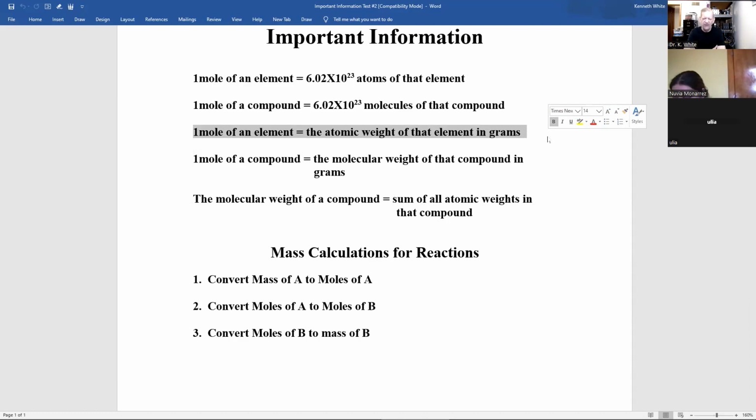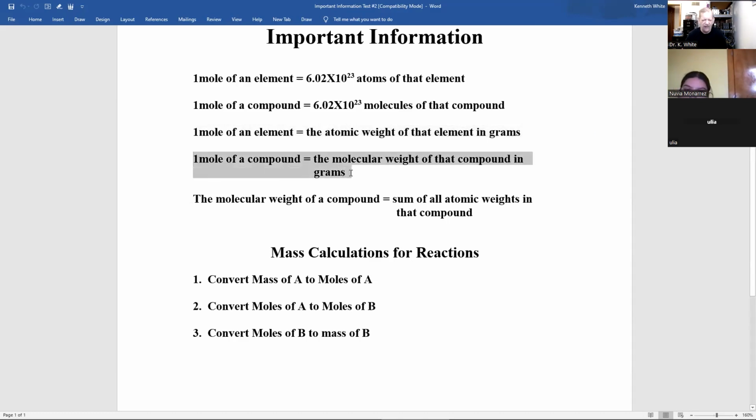And we also have 1 mole of a compound equals the molecular weight of that compound in grams. And the molecular weight of a compound, which we just said, is the sum of all atomic weights.